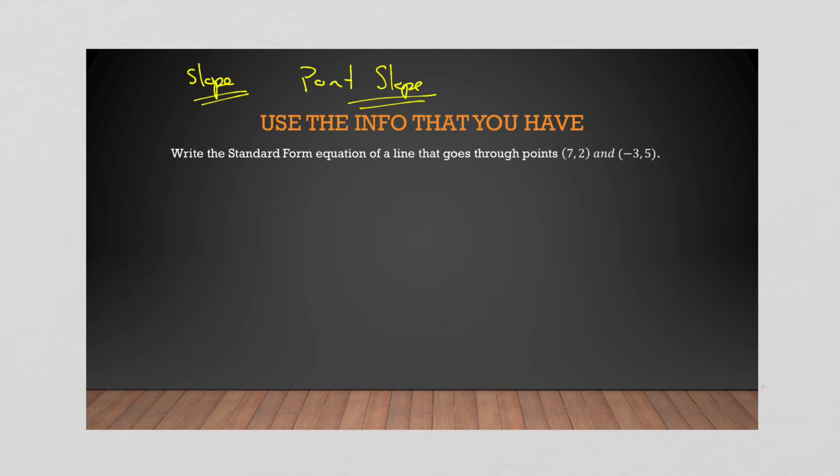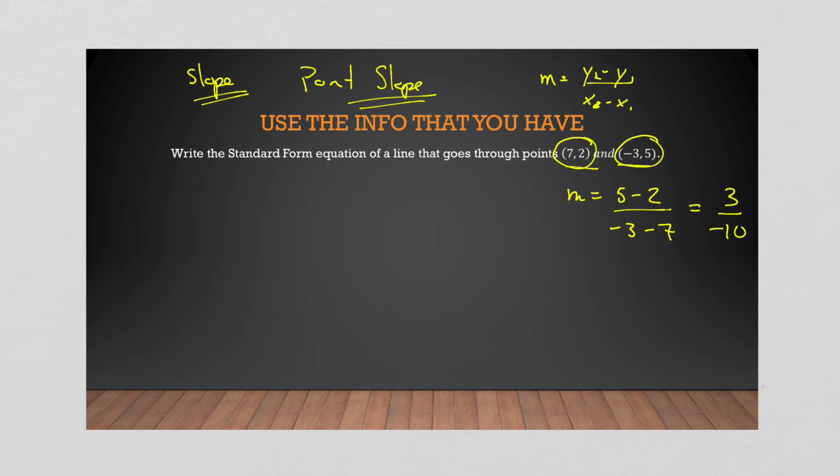So remember our slope equation, y2 minus y1 over x2 minus x1, our change in height over our change in length of any 2 points. So for my slope, I'm going to use 5 minus 2 over negative 3 minus 7. So this is my point 2, this is my point 1. So what do I get for my slope? I get 3 over negative 10, which means I get a slope of negative 3 over 10.